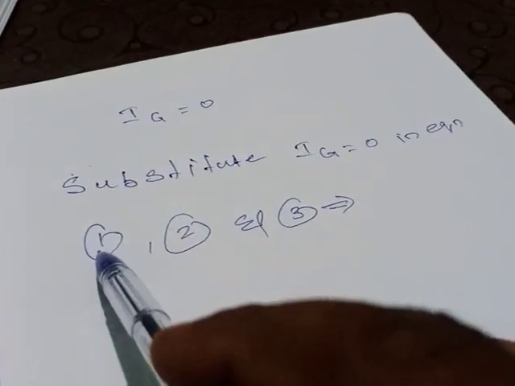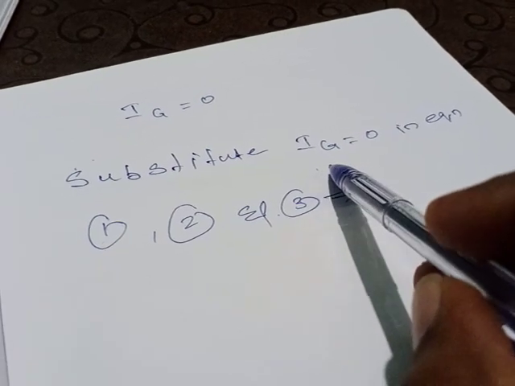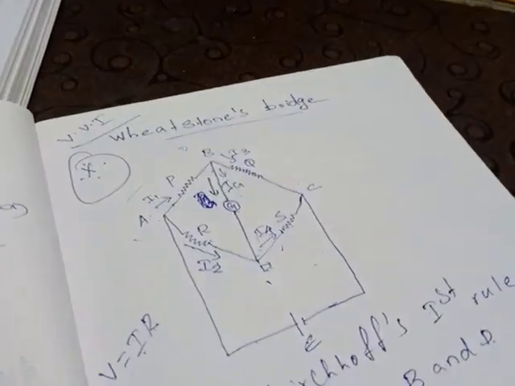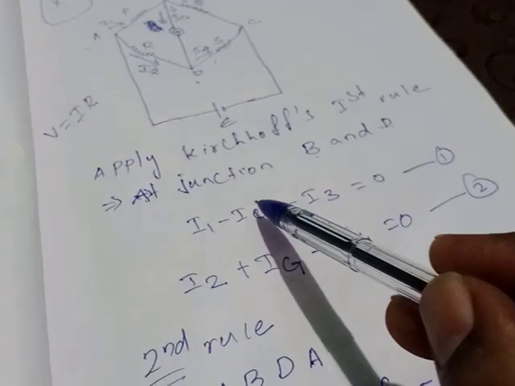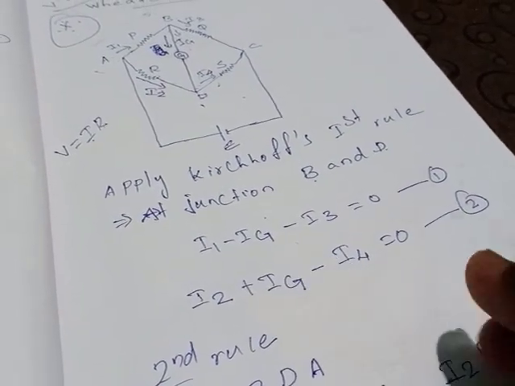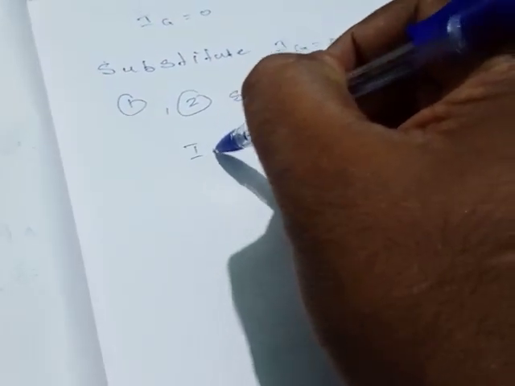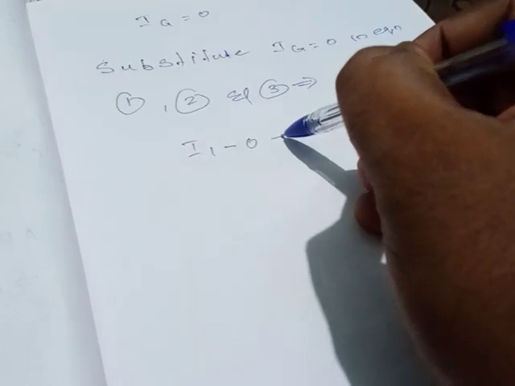So in equations 1, 2 and 3, wherever Ig is there, you put a 0. You can see that in the first equation, here we are putting 0. In the second equation, here we are putting 0. So first equation, I1 minus 0 minus I4.